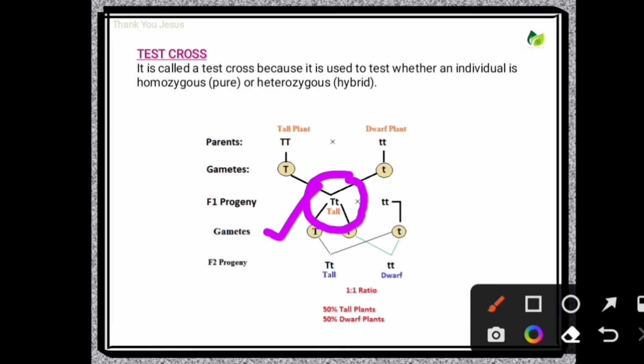In such a condition, you make a cross of that plant with a recessive parent. If you get a 1 is to 1 ratio in the progeny, then you can consider that the plant is heterozygous for that character. That's why this cross is called a test cross.